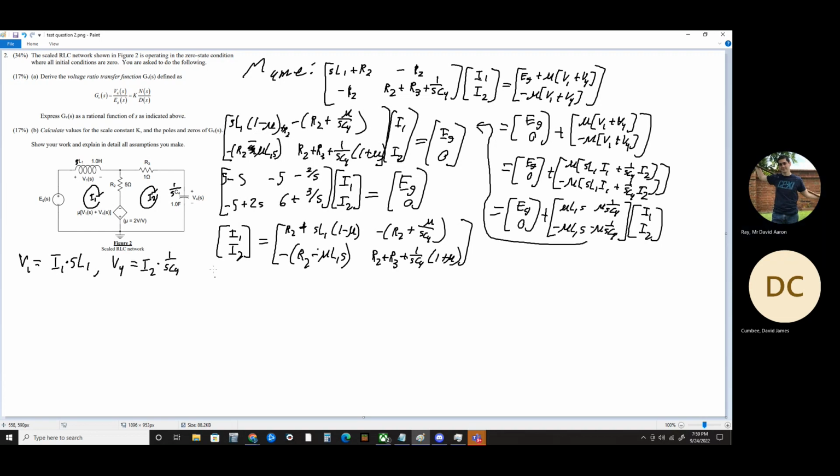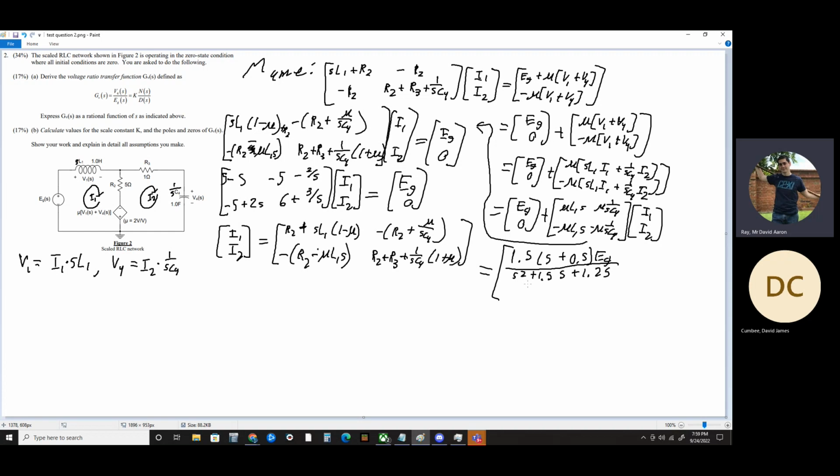Okay. So this then equals 1.5 times s plus 0.5 times EG over s squared plus 1.5s plus 1.25.